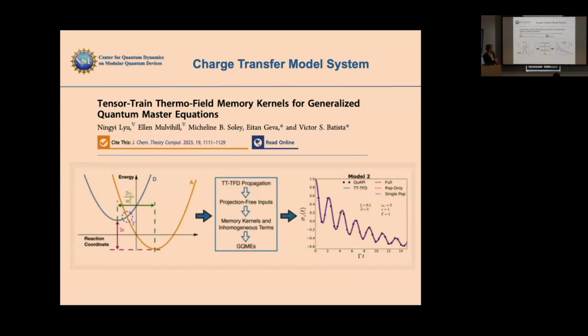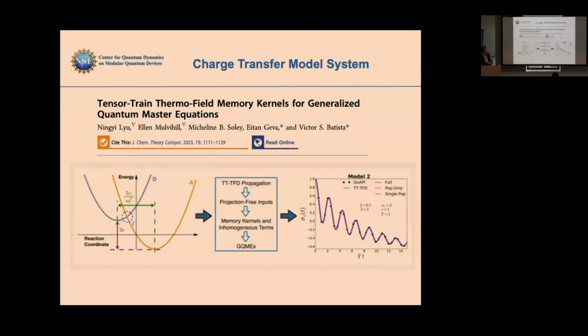So you can think of an electron in one well corresponding to one electronic state, and the other well corresponding to another electronic state. The bath are the nuclear degrees of freedom. So from now on, I will be talking about electronic and nuclear degrees of freedom. But one could simulate the dynamics for all of the elements of the reduced density matrix of the electronic degrees of freedom, and then compute, for instance, populations as a function of time.